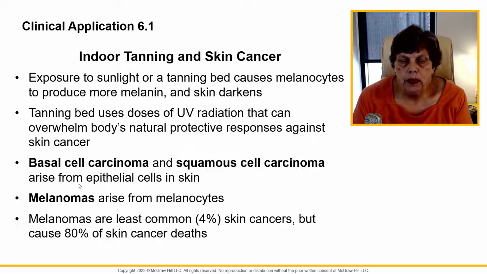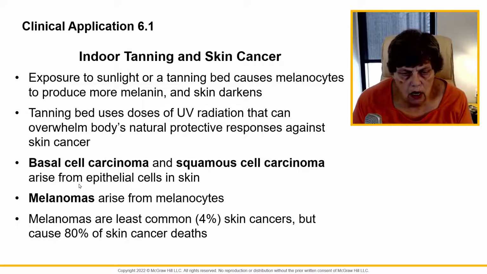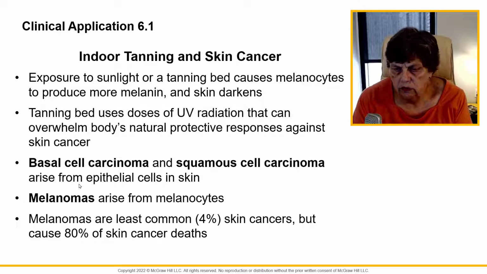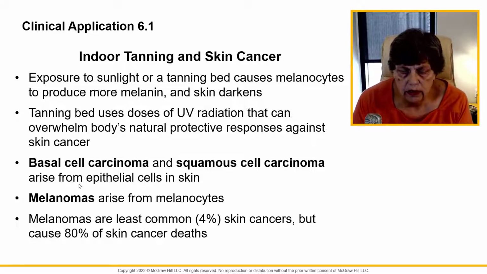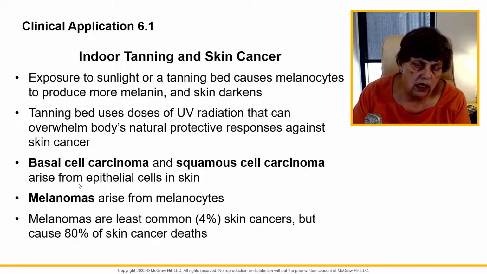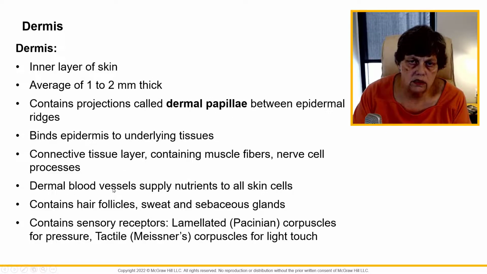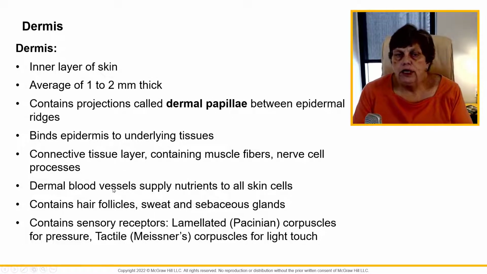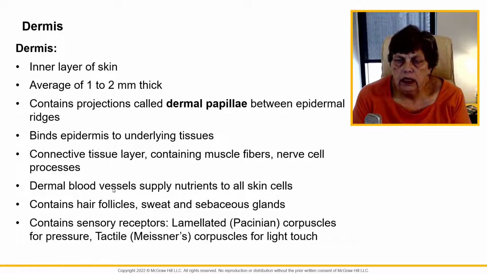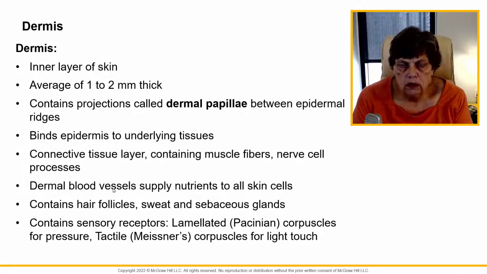Okay, so basal cell carcinoma, the most common skin cancer that we have, and generally very, very curable, but melanomas arise from the melanocytes, and this is the least common of the skin cancers, but cause a lot of cancer deaths.